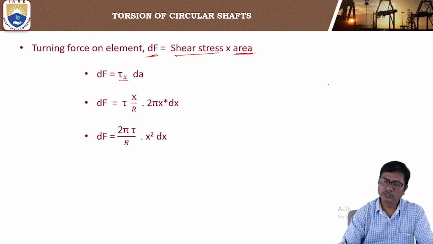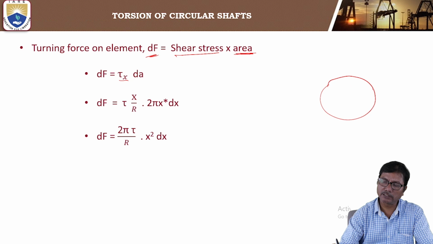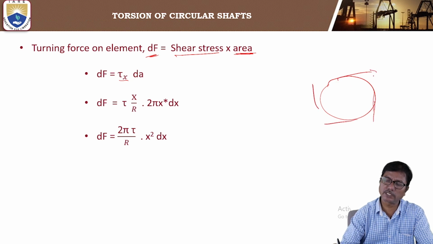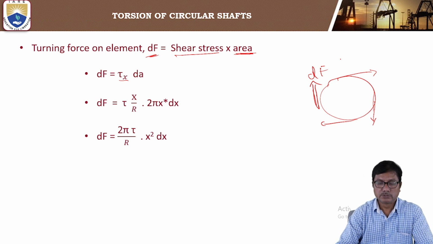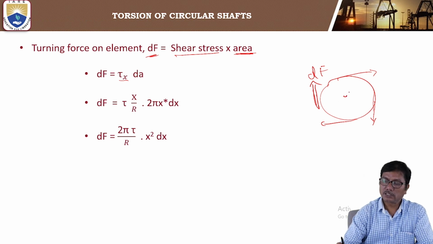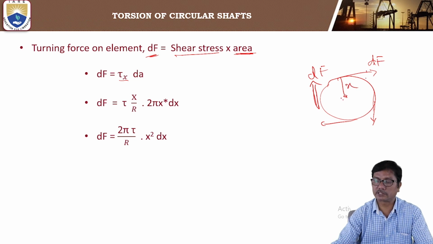This force will be acting all around the circumference. The torque or twisting moment caused by this force is equal to dF into x.